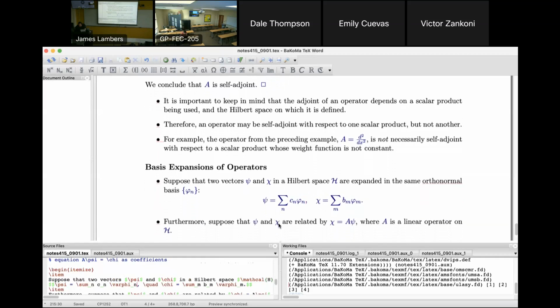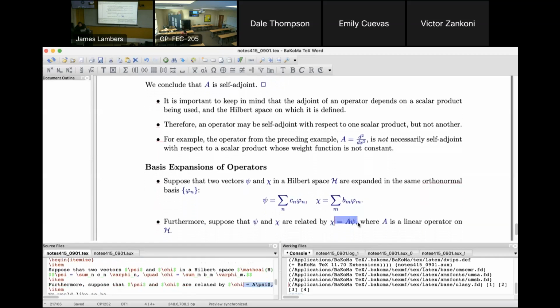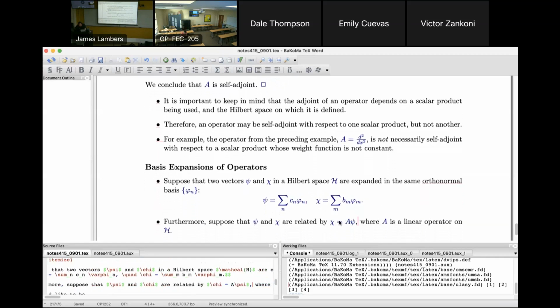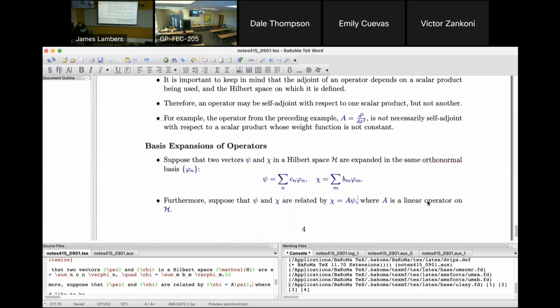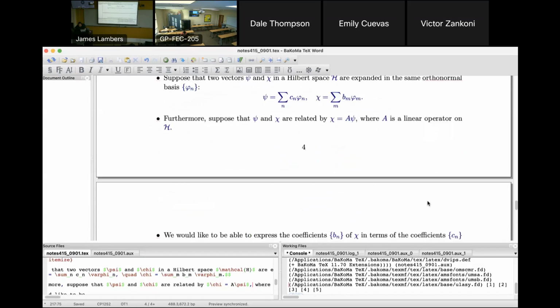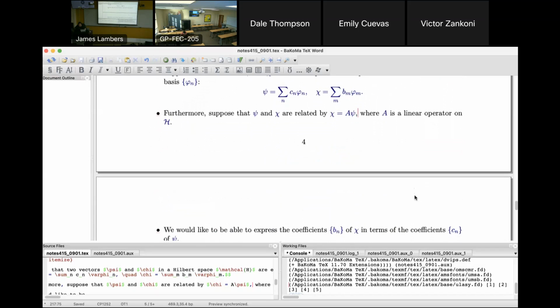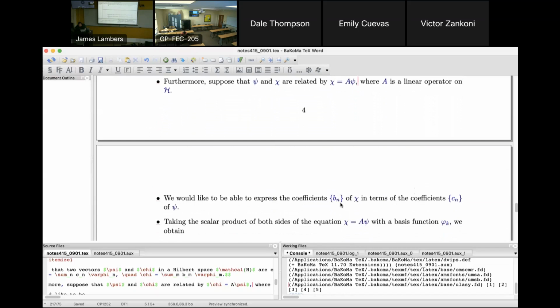Suppose chi and psi are related by this equation: chi is the output that you get from applying the operator A to psi. What I'd like to be able to do is express the coefficients of the output chi in terms of the coefficients of the input psi. And I can get a handle on that using a scalar product.